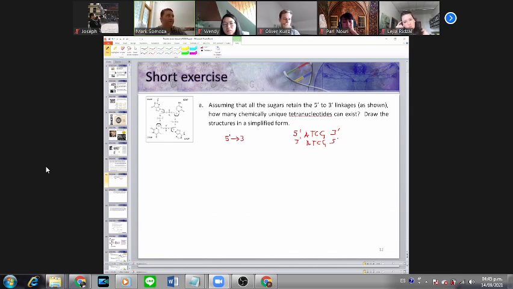Okay, but let's call this arrow 5' to 3'. And then we can abbreviate one structure as A, G, C, T. It's a little bit hard to write using the mouse here.